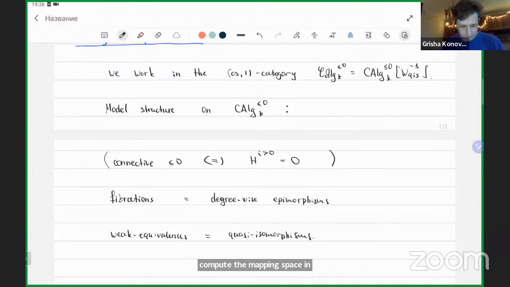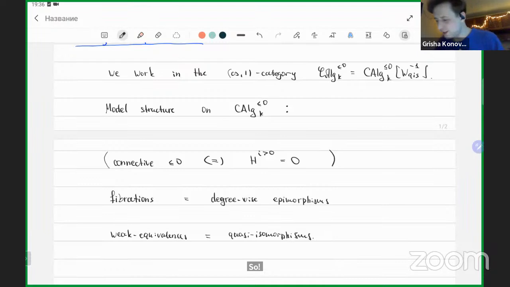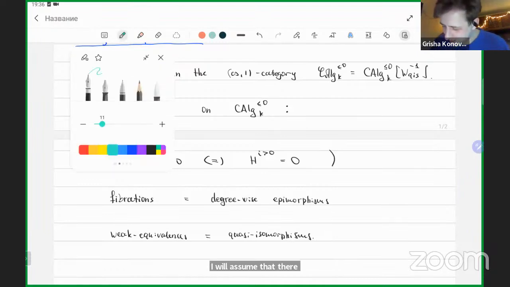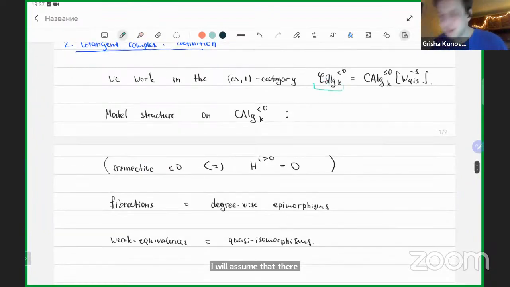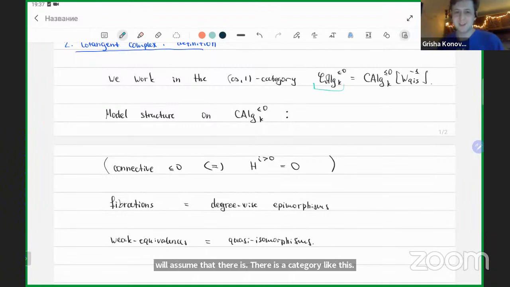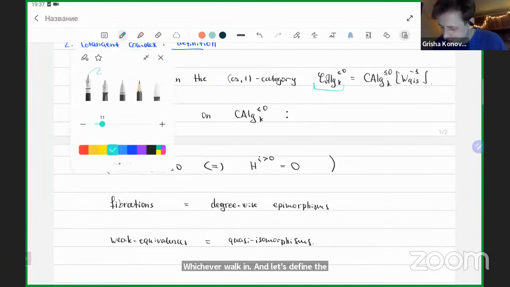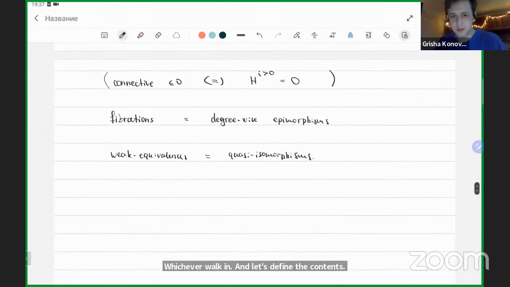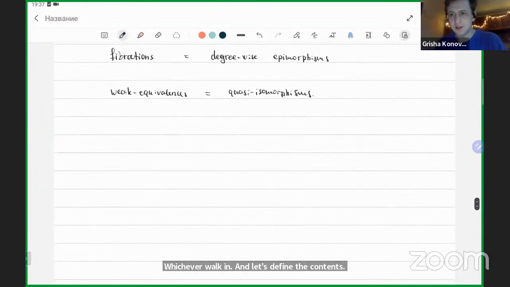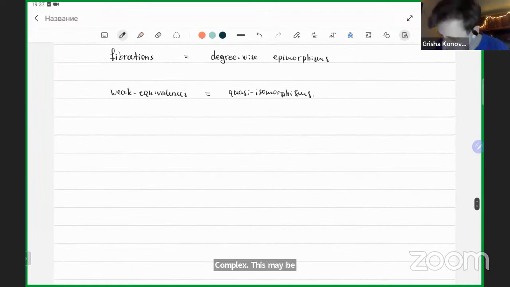But be that as it may, I will assume that there is a category like this, which I'm going to work in, and let's define the cotangent complex. But maybe first, I'll give you an example.